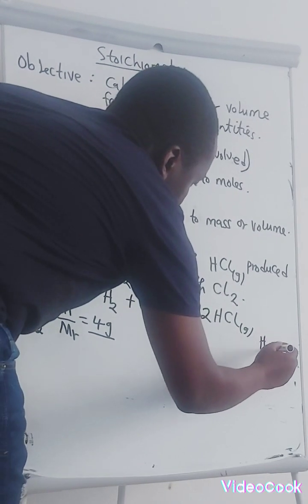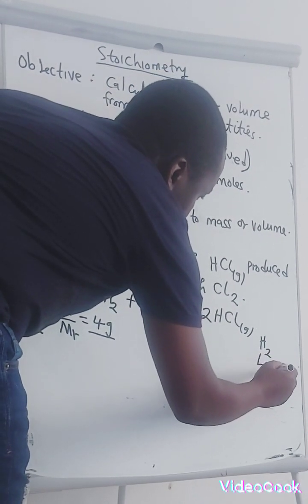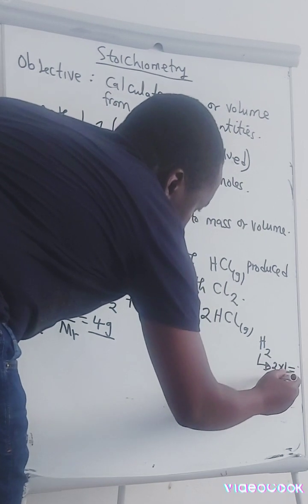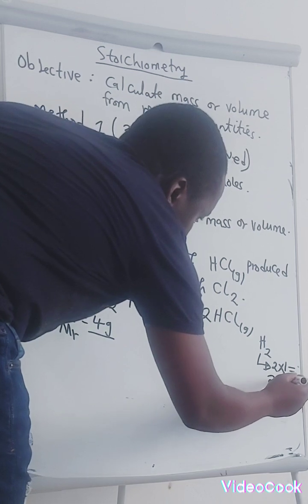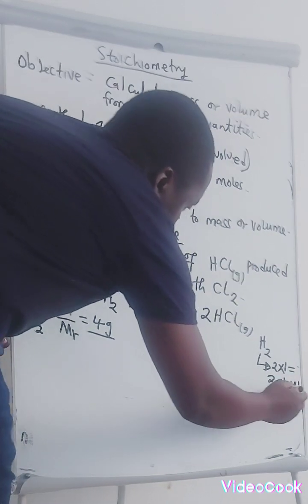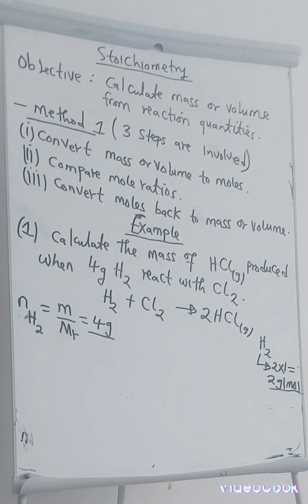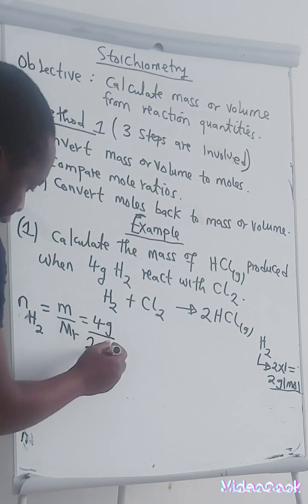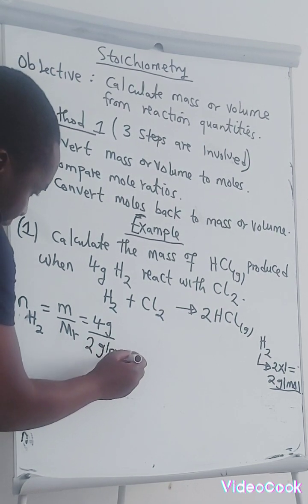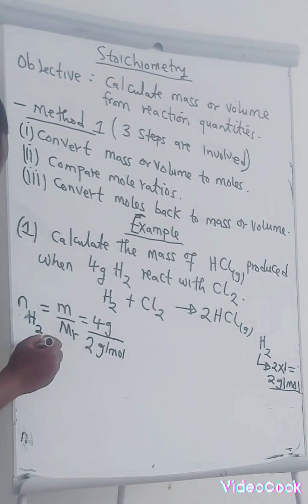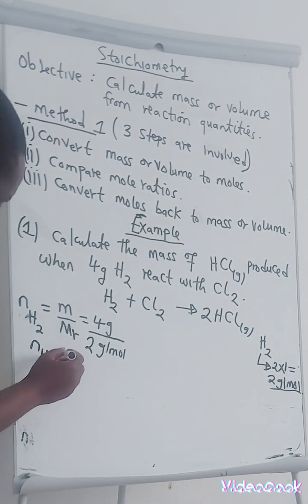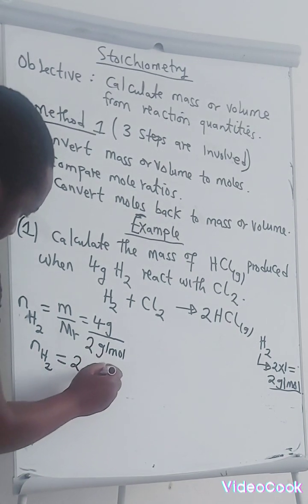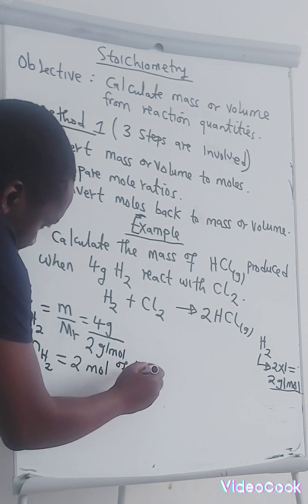The Mr of hydrogen is 2 atoms times 1, the atomic mass, which is 2 grams per mole. So the number of moles of hydrogen is equal to 2 moles.